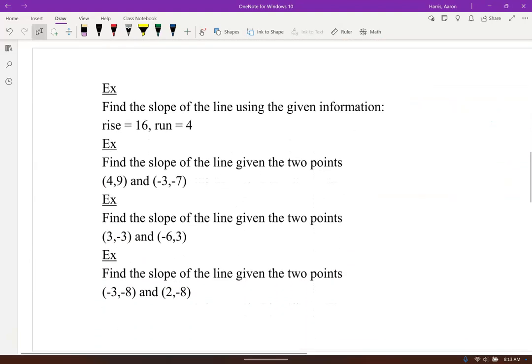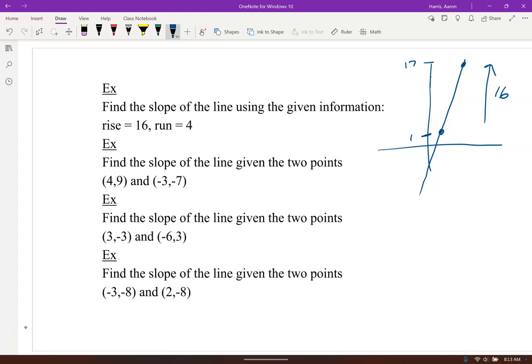Well, let's do a couple scenarios here. First example, find the slope of a line using the given information. So if we have a line that rises 16, sorry, and then it runs 4, so it goes up 16, and then it runs 4.